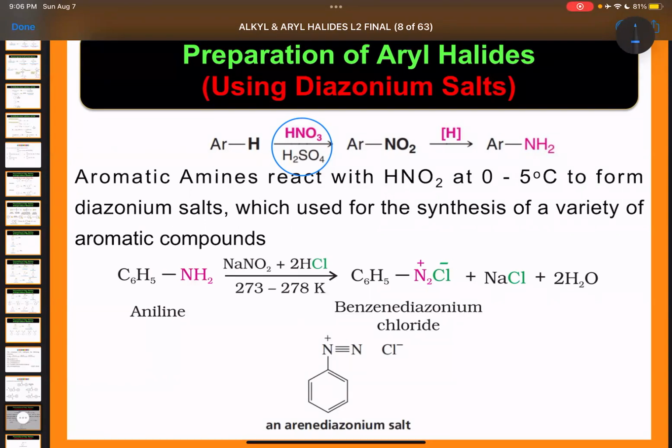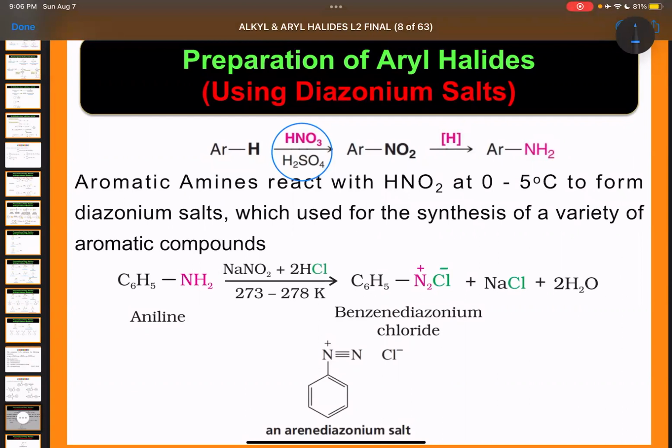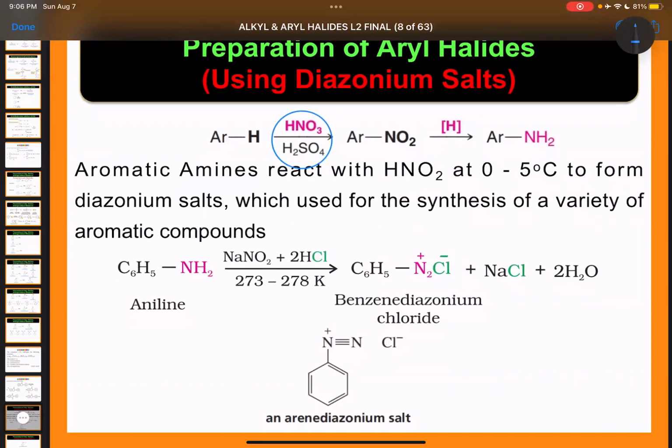You take HNO3 and H2SO4. HNO3 is actually OH and NO2, and H2SO4 pulls out that OH from HNO3, and that's how NO2 plus is generated. That NO2 plus attaches itself to the benzene, and that's how you get nitrobenzene.